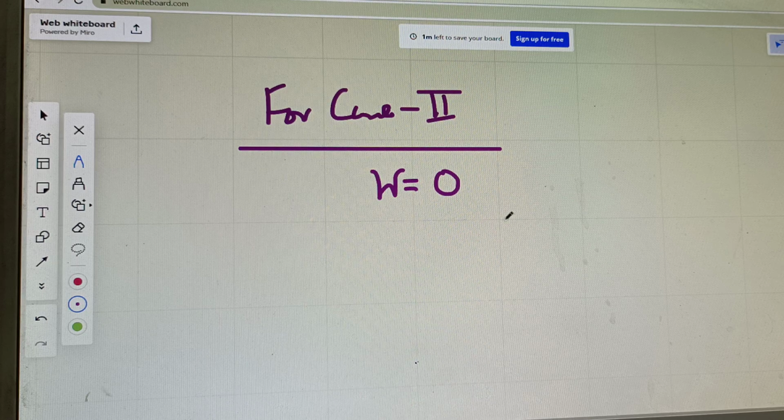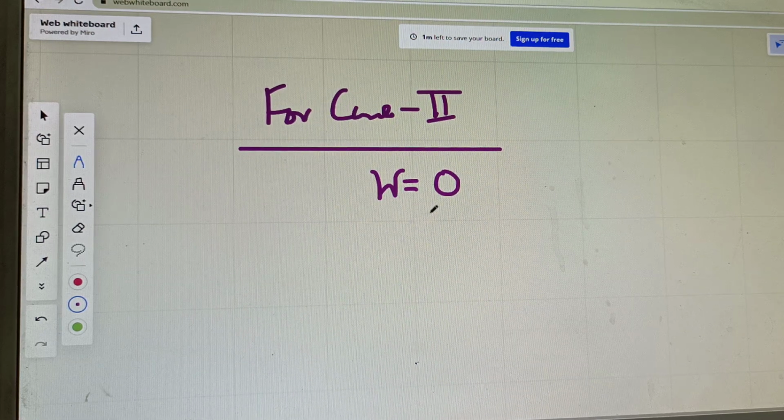As this is a free expansion, the initial and final temperature will be the same.